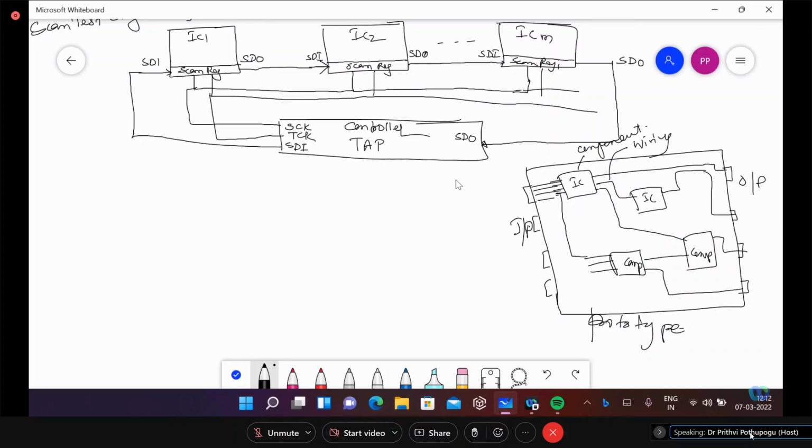This will be tested using your CROs and probes, or your voltmeter or the other meters available for measuring. This will be your setup.